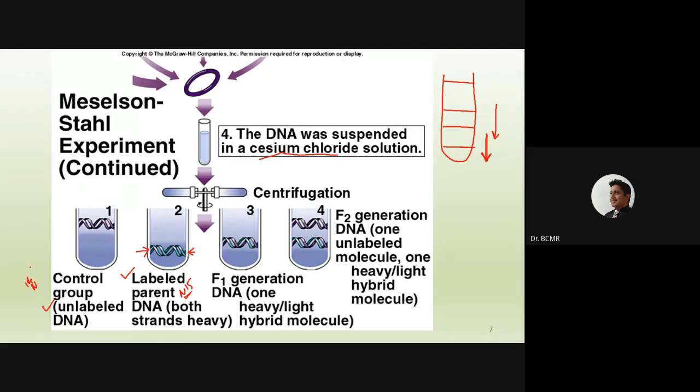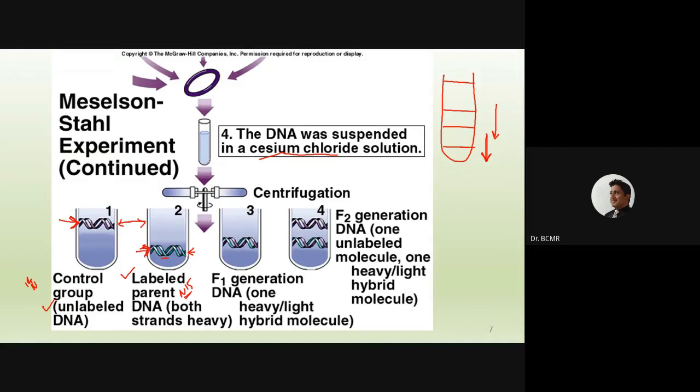So you have just taken DNA from a normal growing bacterial cell and centrifuged it. It will sediment at this place. Assume that. But if you have labeled with N15, which is a little heavier, it will settle here. There is a difference in the place of how they are sedimenting.